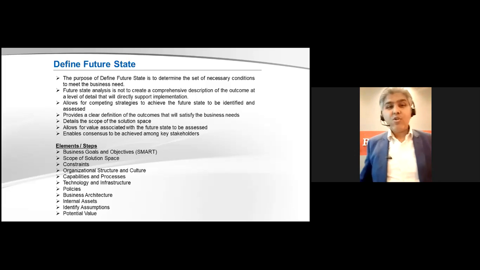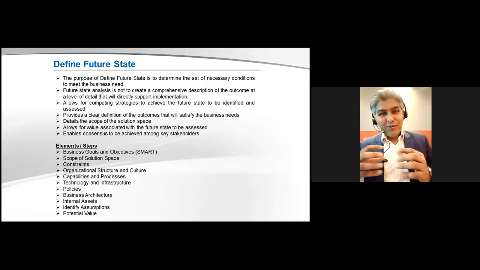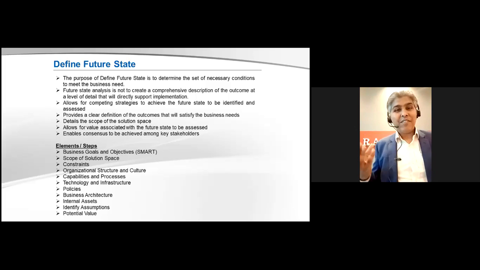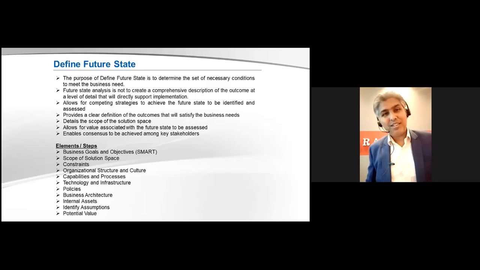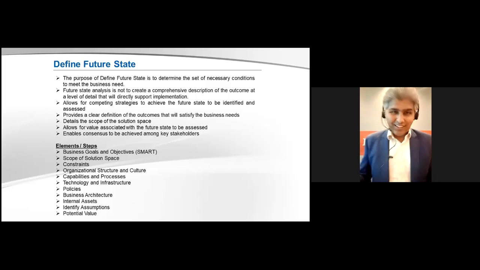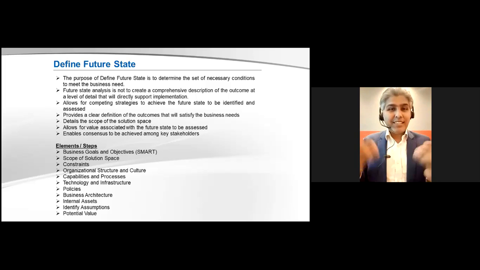Identify the assumptions, what you are assuming as part of defining the future state. For example, in the Night Superstore example, we are saying that we need 100% automation. So what are we assuming? We are assuming that there is a vendor that can do all this 100% automation. And first of all, the assumption is that 100% automation is possible. That's an assumption.